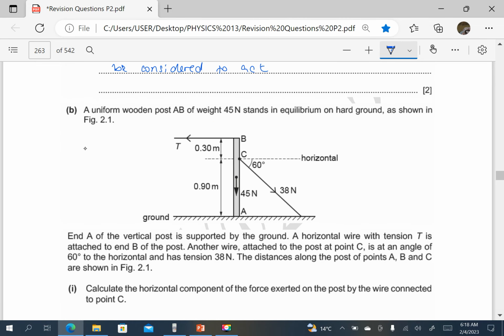A uniform wooden post AB of weight 45 newtons stands in equilibrium on hard ground as shown here. We can look at the diagram.